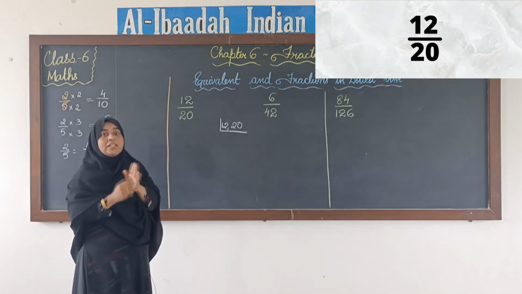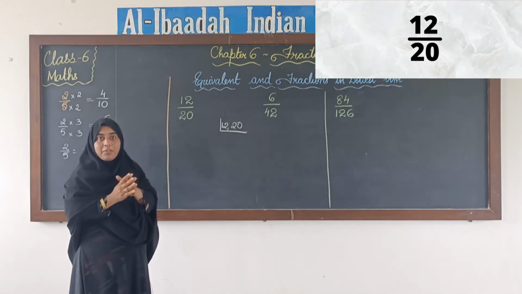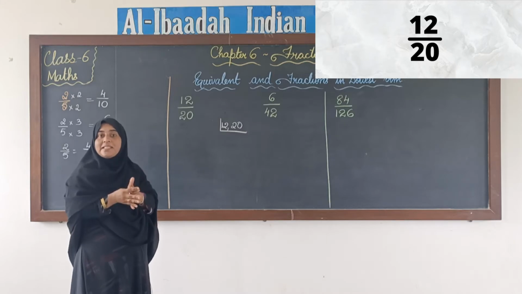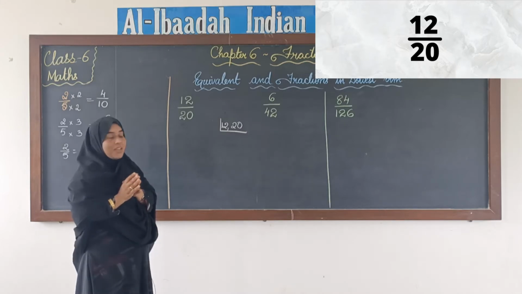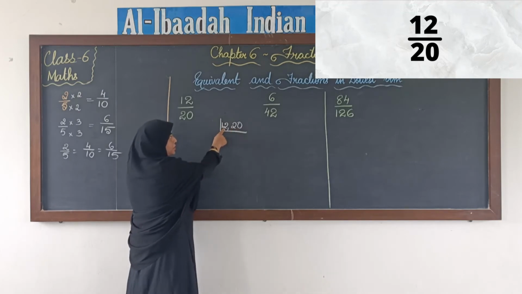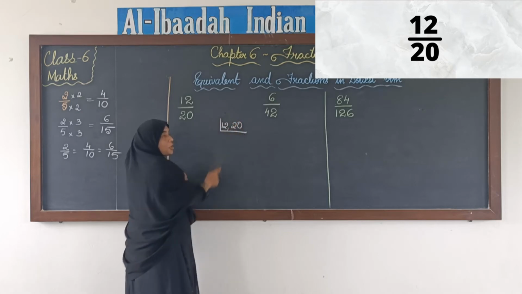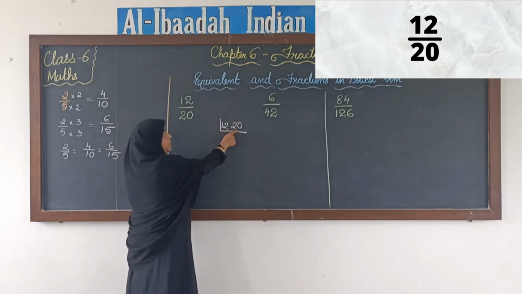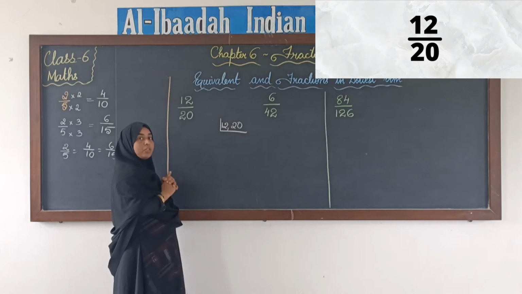Here you can use the divisibility rules. Okay, if you know the divisibility rules, it will be easy for you to find the factors. Now, which is the number that will divide 12 and 20? See, 12 is an even number, there is 2 in one's place, there is 0 in one's place. So, 2 will divide 12 as well as 20. We should find a number which will divide both.